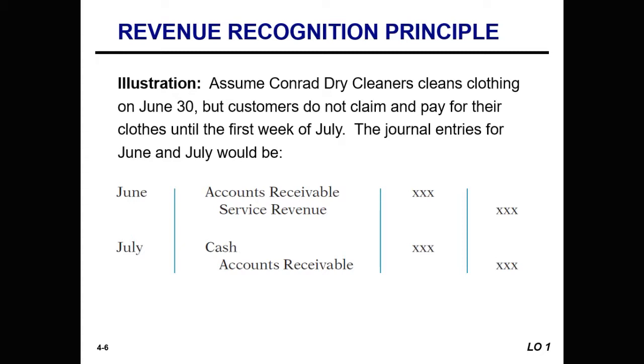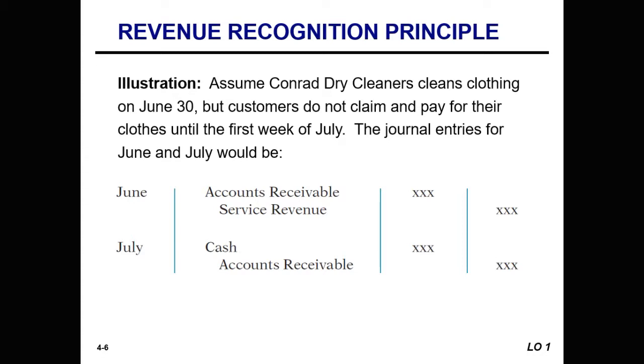Therefore, they would recognize an accounts receivable, saying our customers owe us X amount of money for services completed in the month of June, and that service is a revenue.